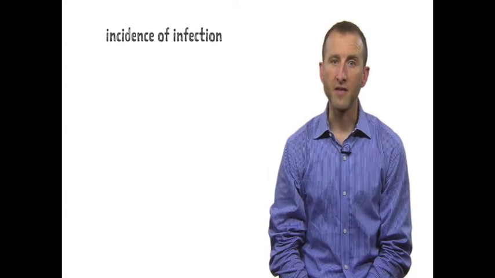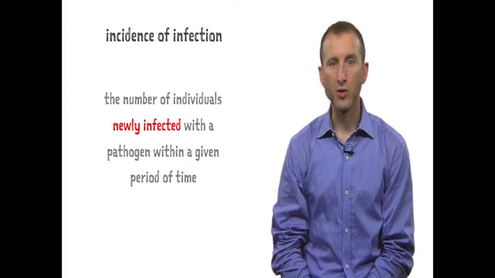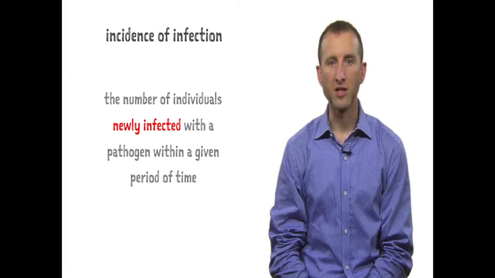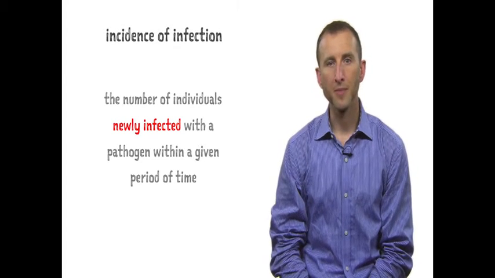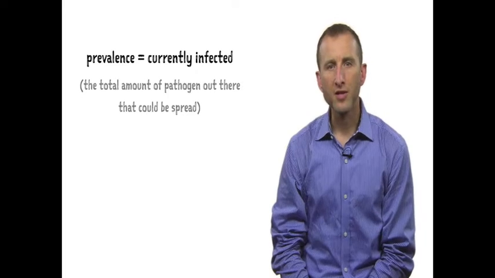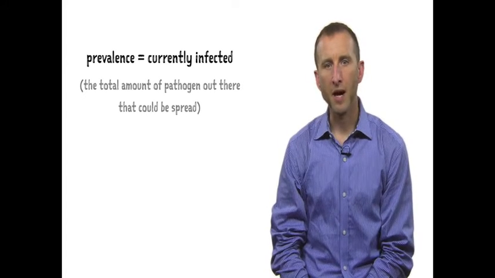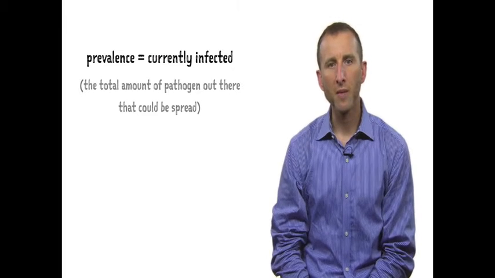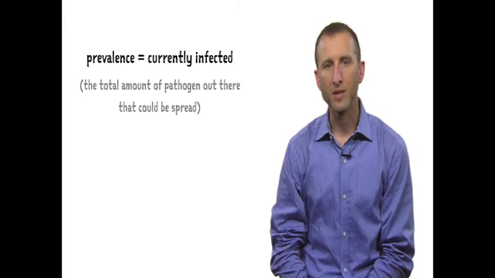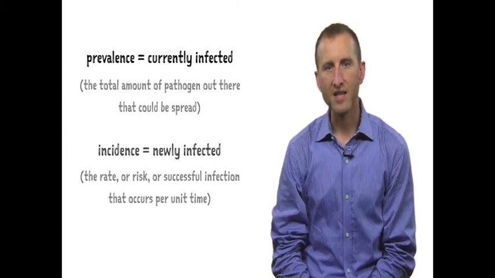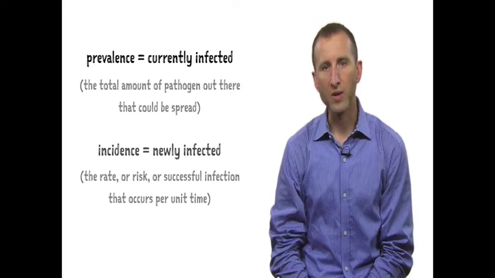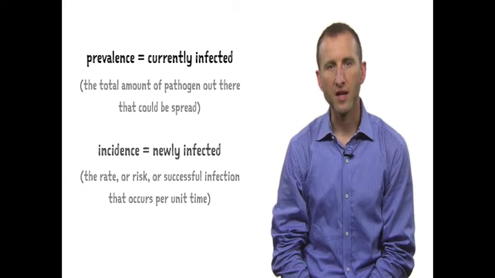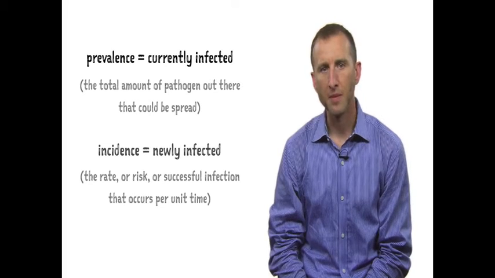The incidence of infection is the number of individuals newly infected with a pathogen within a given period of time. Thus, for understanding the spread of infection within a population, prevalence tells us about the total amount of pathogen out there that could be spread, while incidence tells us about the rate or risk of successful infection that occurs per unit time.